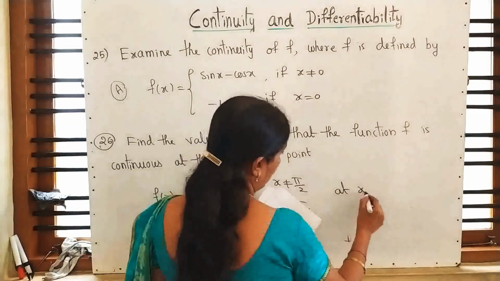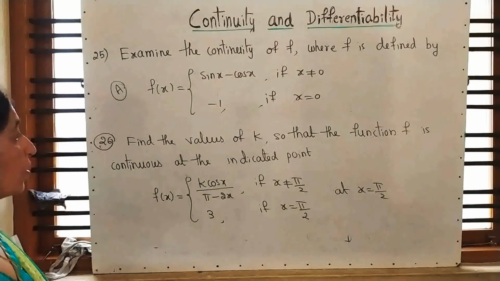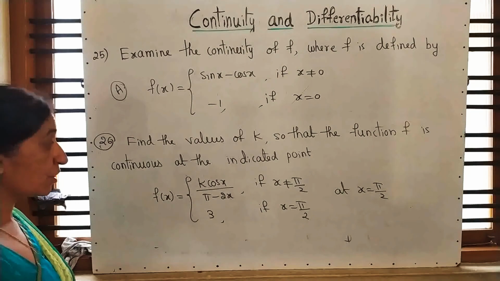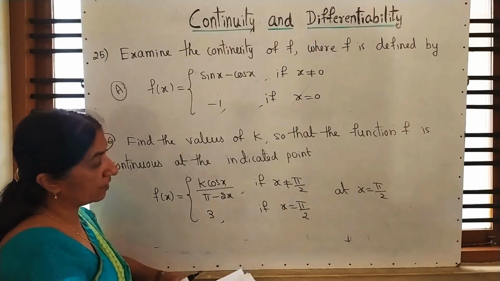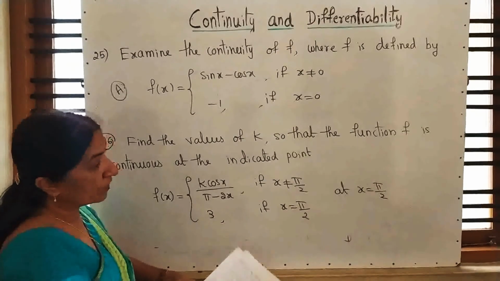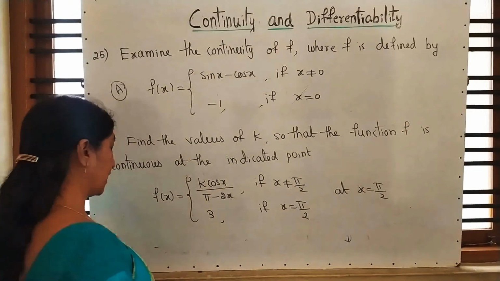We have to check at x is equal to pi by 2. See, it is already given the function is continuous at x is equal to pi by 2. With the help of that, we have to find the value of k.